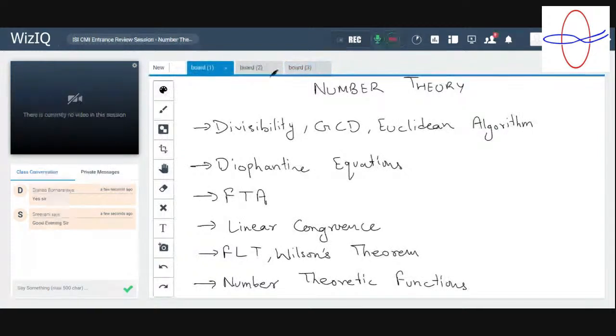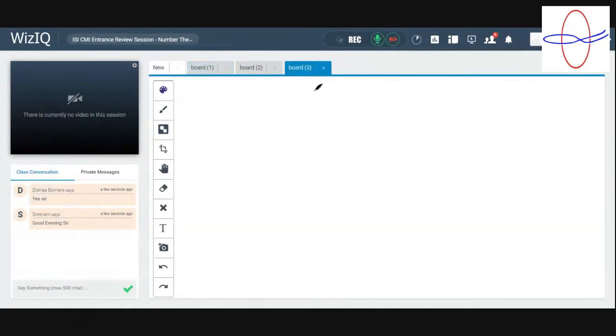Fine. So that covers divisibility. That's all the basic properties. Then you have the greatest common divisor, and I'm sure you know the definition.